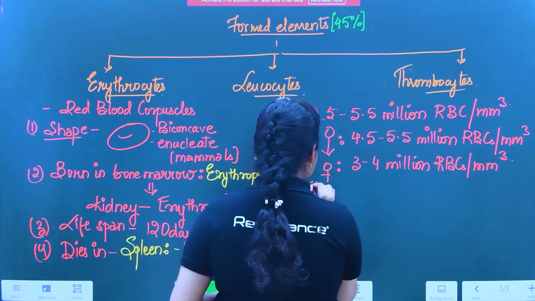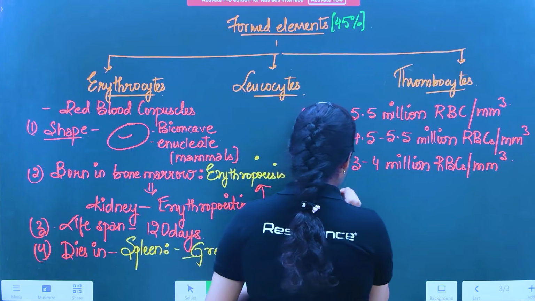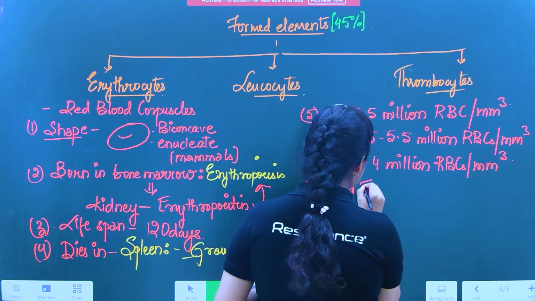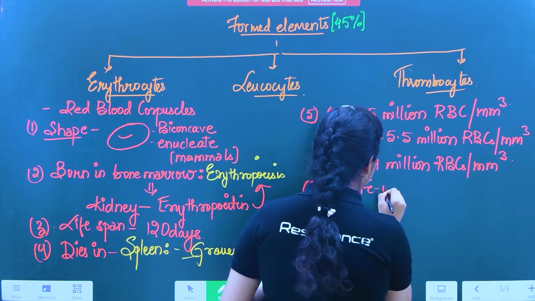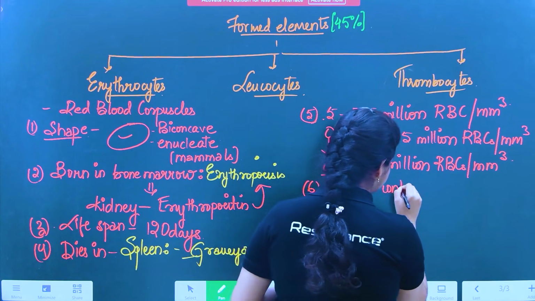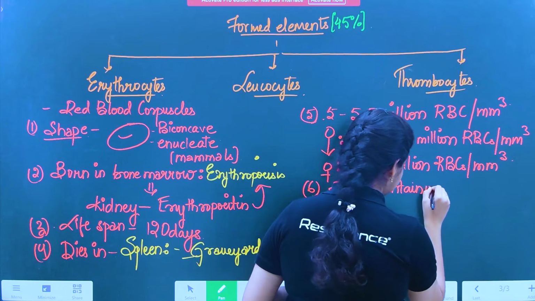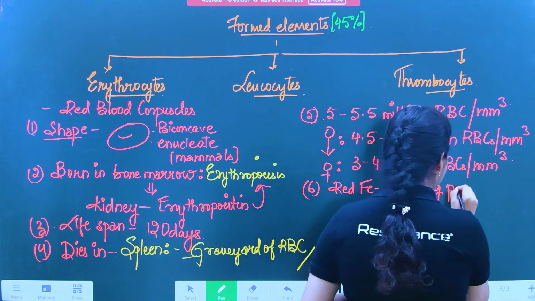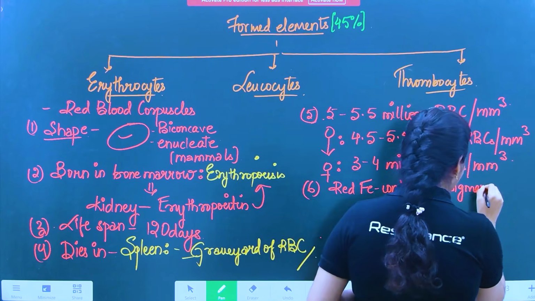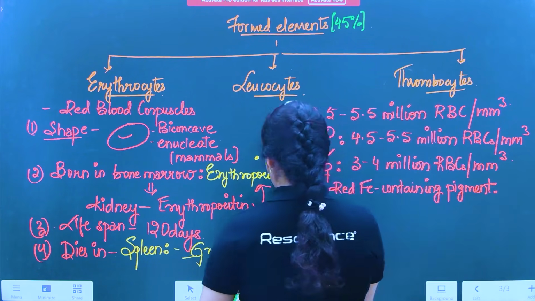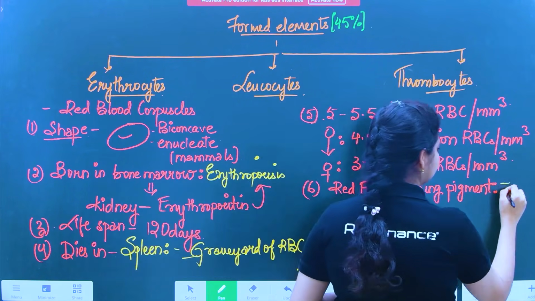Okay, next, blood has red iron containing pigment. What is that pigment?